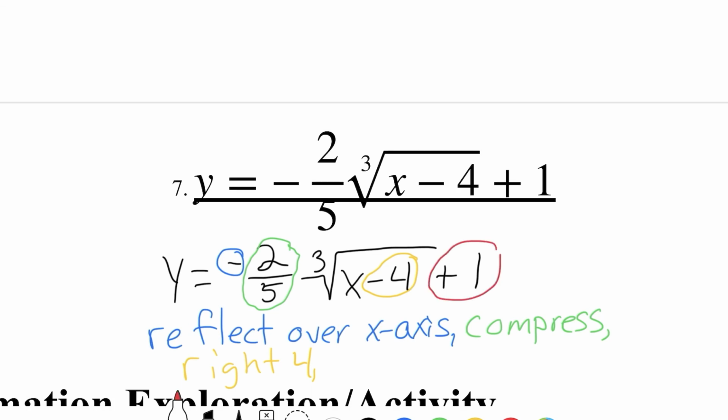And then lastly, our outside tells us +1 or up 1, remembering we are obedient to the sign if we're on the outside. And then our parent function is y equals cube root of x.